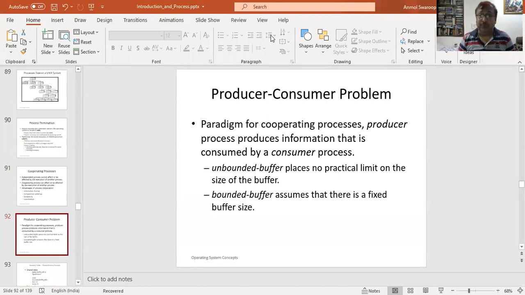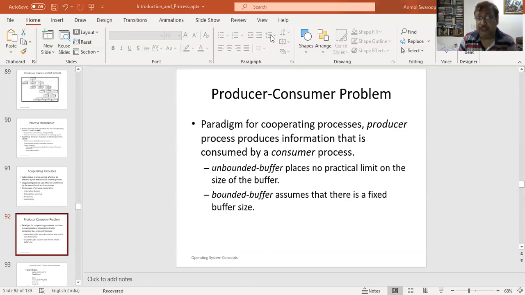One classical example of this cooperative process is the producer and consumer problem. There is a producer process, there is a consumer process, and in the middle we have a buffer. Producer is producing something and consumer is consuming the same thing being produced by the producer, right? Producer is producing the item and putting it into the buffer, and consumer is consuming the item from the buffer.